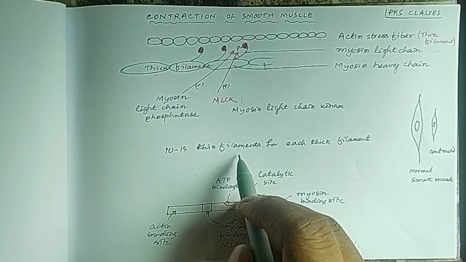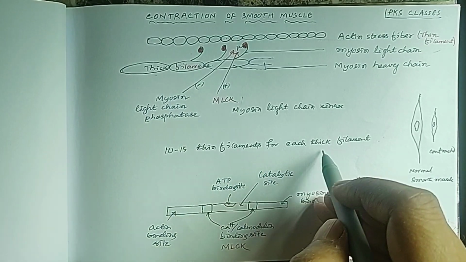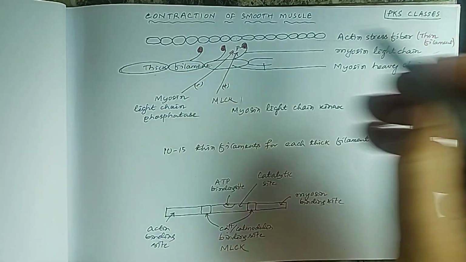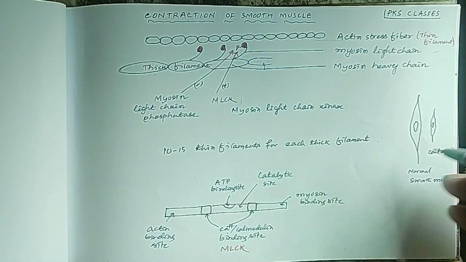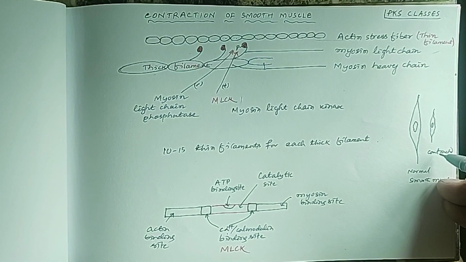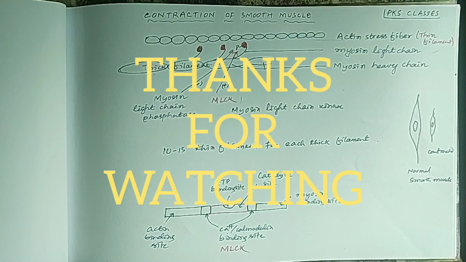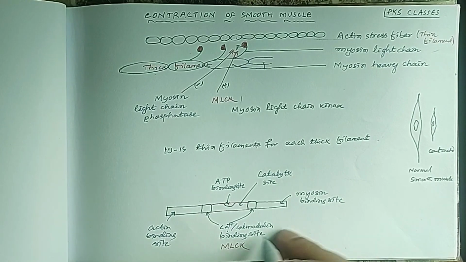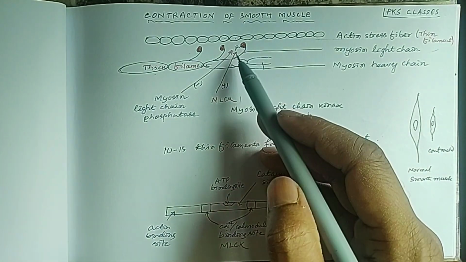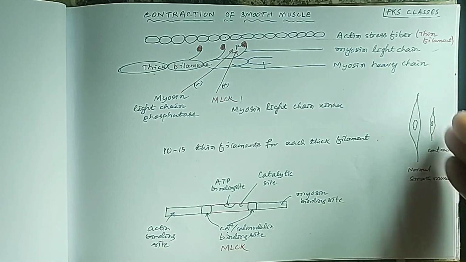When all of them are bound, actin myosin binding occurs and the smooth muscle contracts. For that, MLCK, myosin light chain kinase, is required, which phosphorylates the myosin light chains.